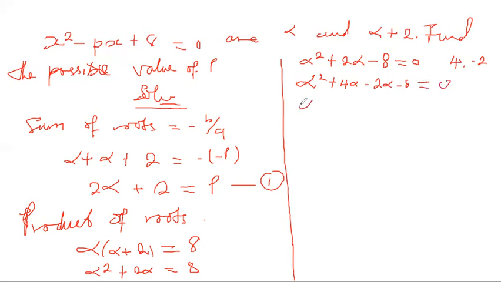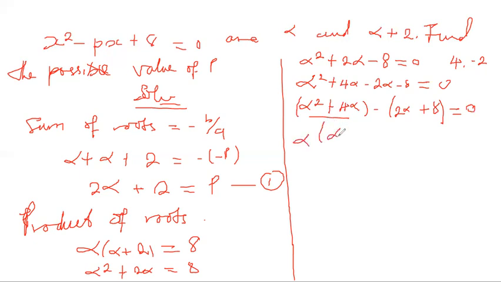Then we group them. So alpha squared plus 4 alpha, then minus 2 alpha minus 8 is equal to 0. So we get a common factor here, which is alpha.